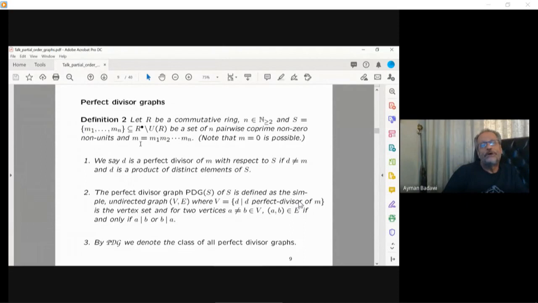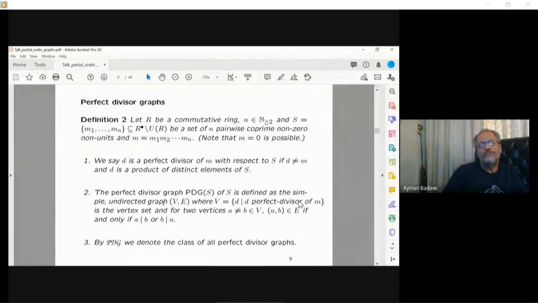You don't need to know much about it. In fact, you can define it maybe without a commutative ring here, I don't know. This is the perfect divisor of M here. And again, D has to be a product of distinct elements. That's crucial. And that is how you connect the vertices by this condition.